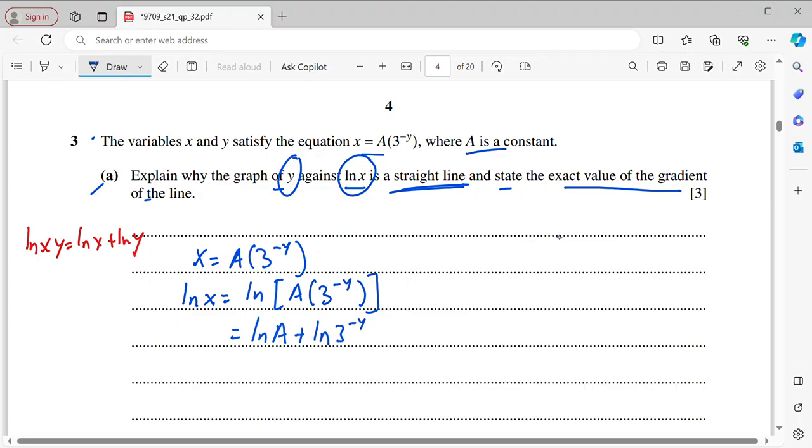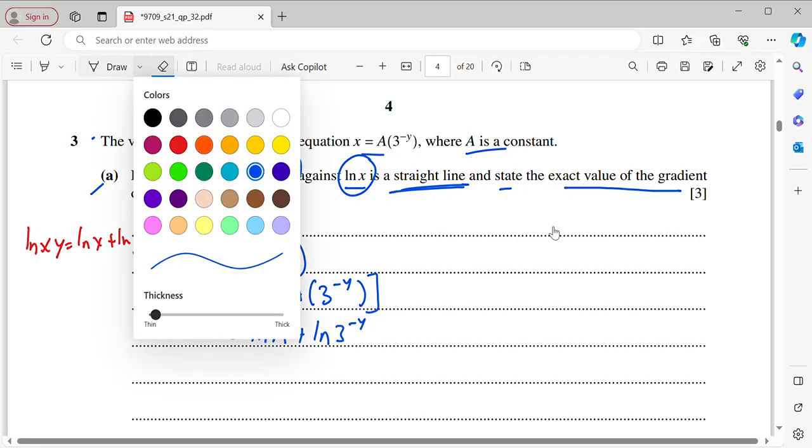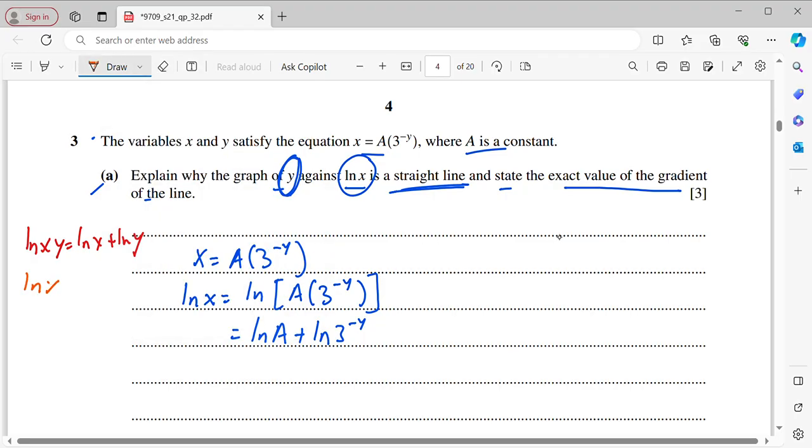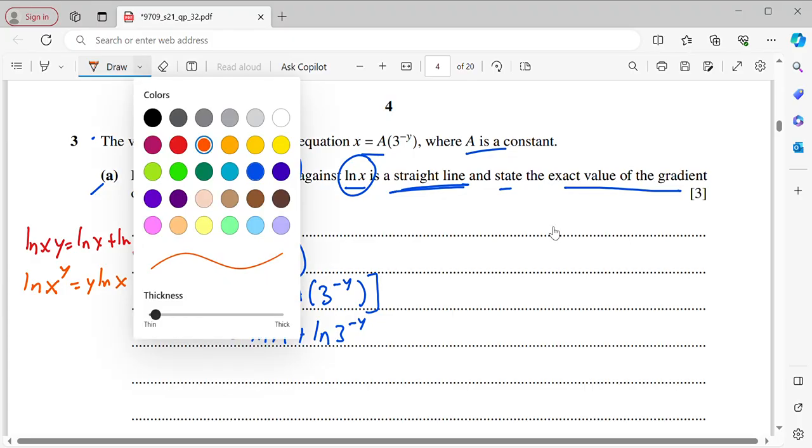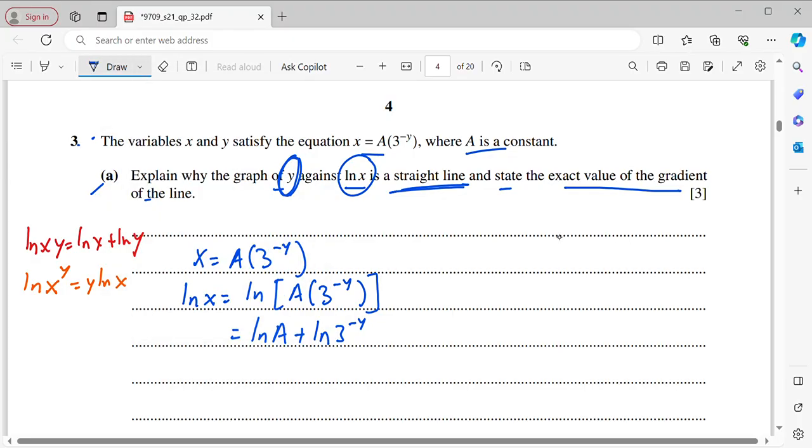Based on this, it will be just y, that means I have to simplify the second term on the right side because you have the power there. What to do is ln x to the power y, it will be y ln x. Then I will move down the power negative y. So this is going to be ln a plus negative y ln 3. That is my ln x.